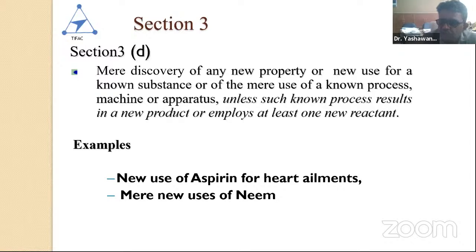It says mere discovery of a new property or new use of a known substance, be it a known process, machine or apparatus, unless such known process results into a new product or employs at least one new reactant. So again here also, see, if aspirin is used for some purpose, blood thinning, if it treats a heart ailment, tomorrow we may find a new use of this aspirin. So new use of a known drug will not be patentable.